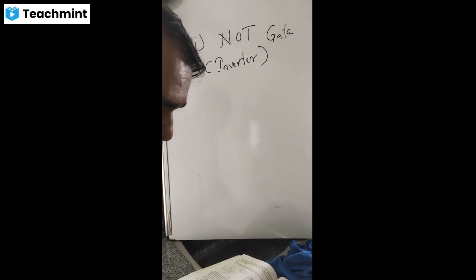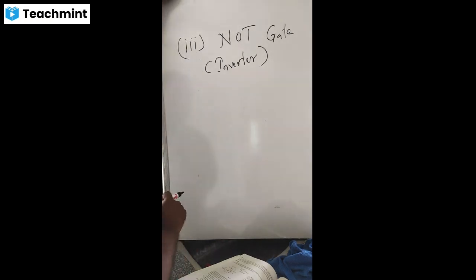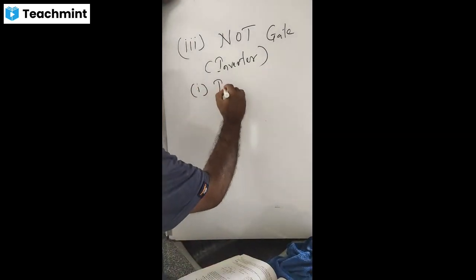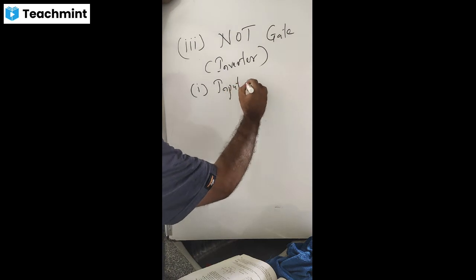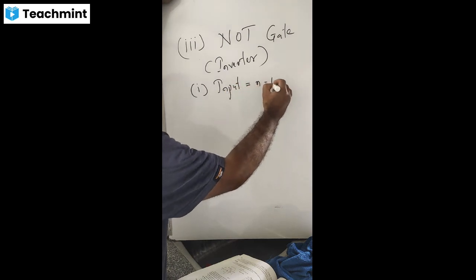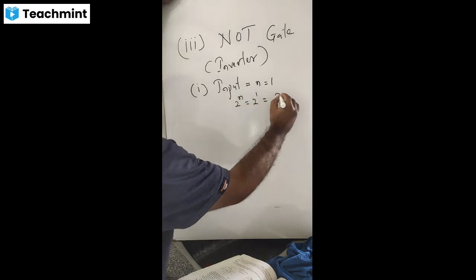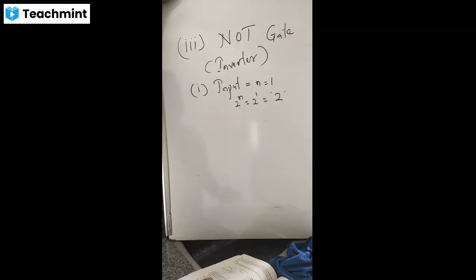So as usual, if you go on writing the 5 steps, what are those 5 steps? Input. How many inputs will be there? Only one input will be there. So input n equal to 1, then 2 raised to n, 2 raised to 1, that gives you two possibilities.